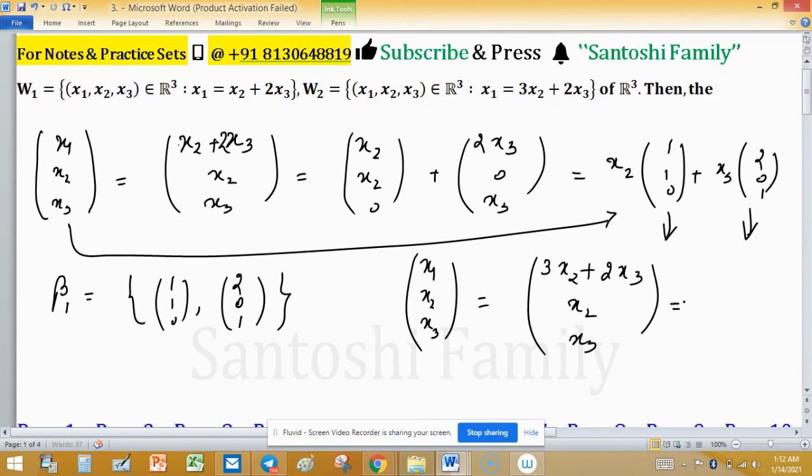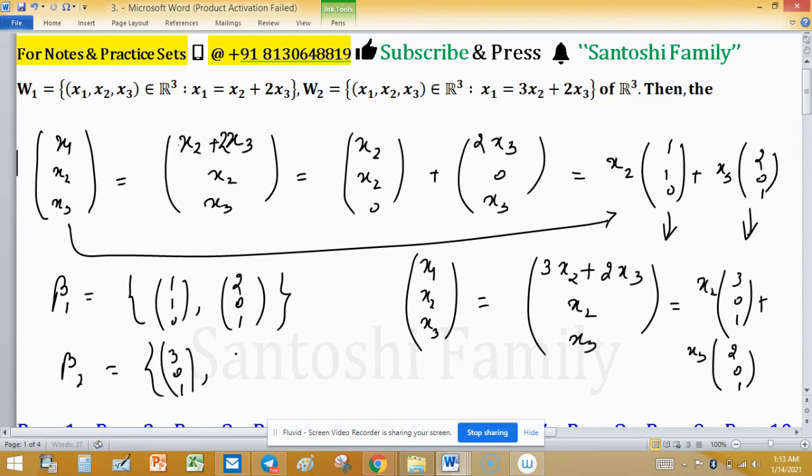So it can be written as x2 times (3, 0, 1) plus x3 times (2, 0, 1). So the basis of W2 will be (3, 0, 1) and the second element is (2, 0, 1).